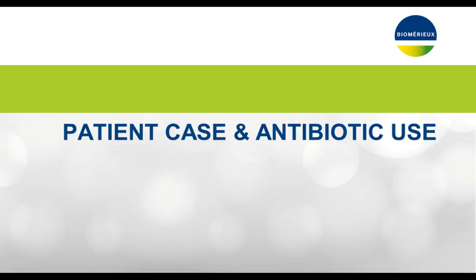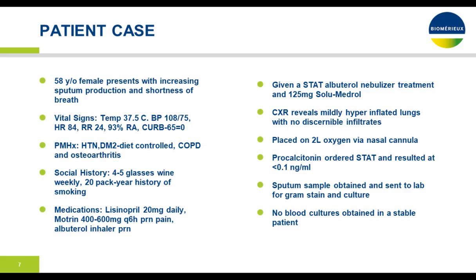So let's start with a patient case and an antibiotic question. We have a 50-year-old female who presents with increasing sputum production and shortness of breath. Her vital signs are basically within normal limits. Her calculated CURB-65 score is 0.